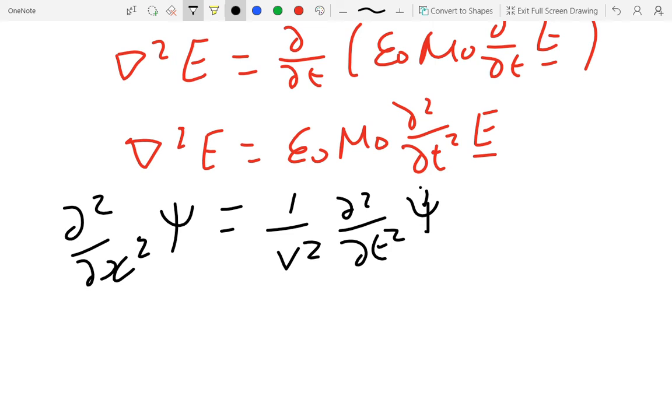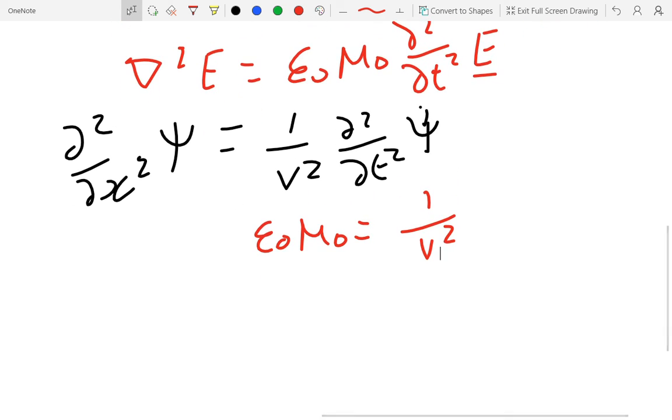So this del here is a spatial derivative, and this d by dt is a time derivative, and that means that epsilon naught mu naught equals 1 over v squared. So it's quite impressive as well, just using Maxwell's equations, and you can find out the speed that an electromagnetic wave propagates.